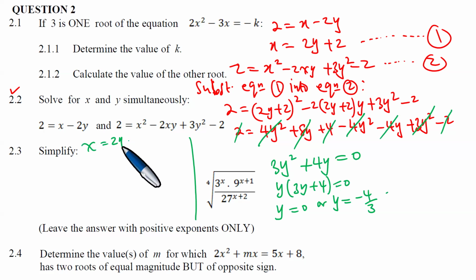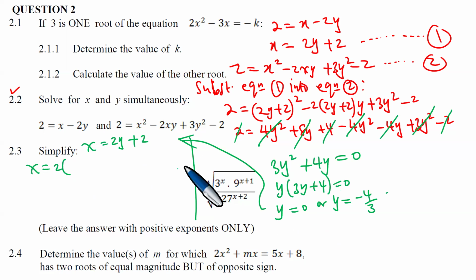Which x is 2y plus 2. Okay, if y is 0, we use this equation to get the values of x. So when y is 0, you put here 2 by 0 plus 2.